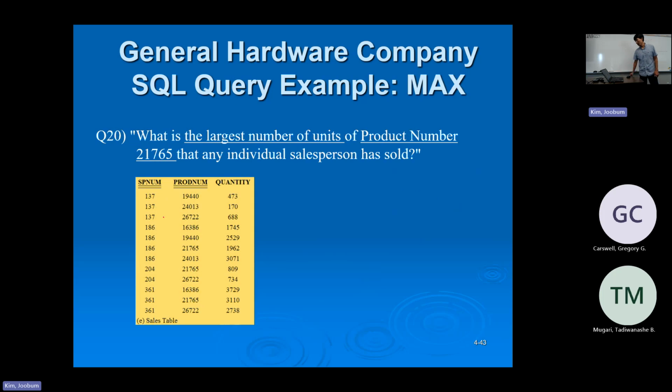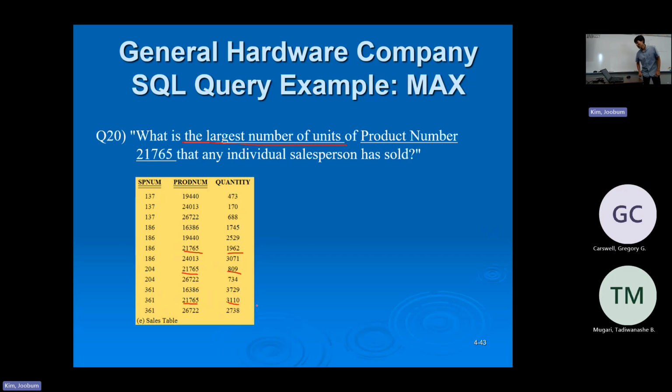Next, the number of units of product number 21765. Here, here, here: 1, 2, 3. And try to find the largest number of units. This one, this one, this one.